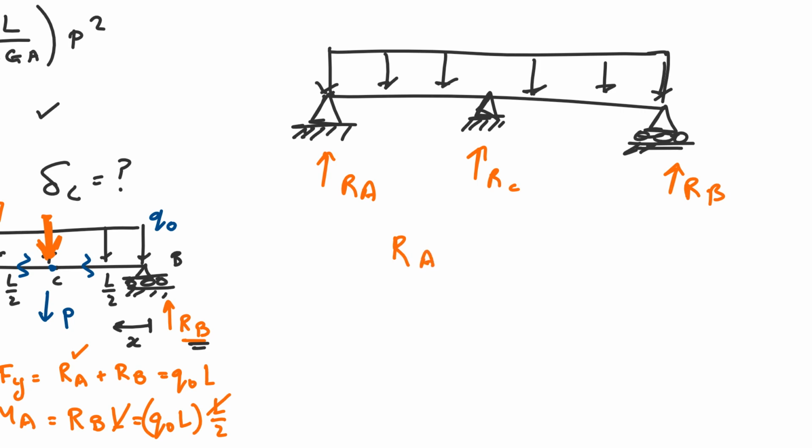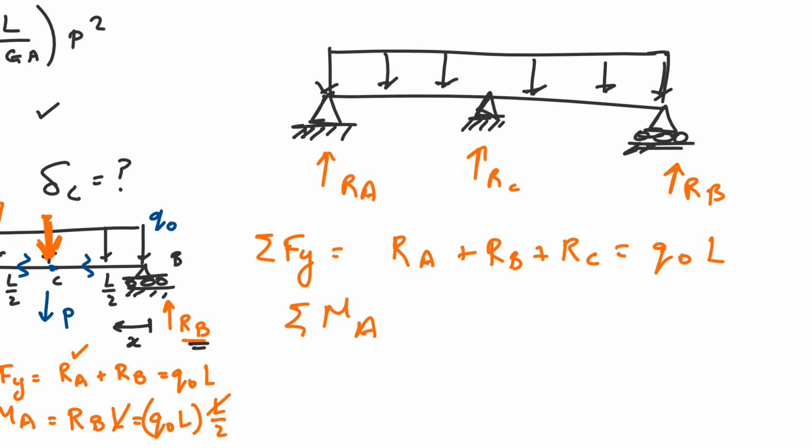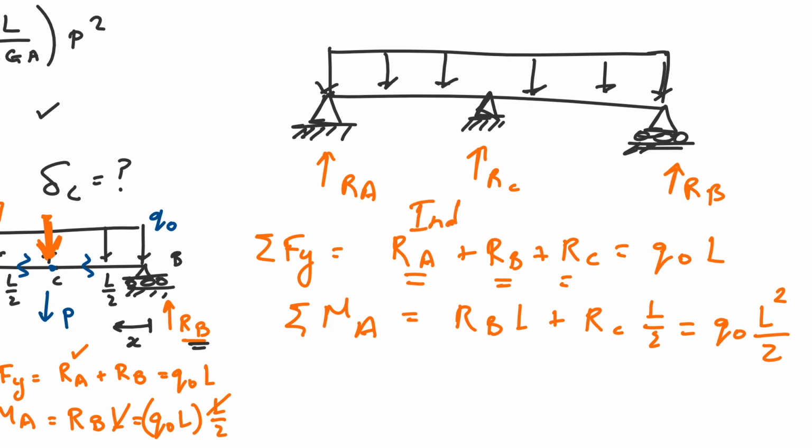If we sum the forces in the y direction, this gives us RA plus RB plus RC equals Q naught L. And if we take the moments around, let's say A, we get RB times L plus RC times L over 2 equals Q naught L squared over 2. You see the problem here, right? We have three unknowns, but only two equations.